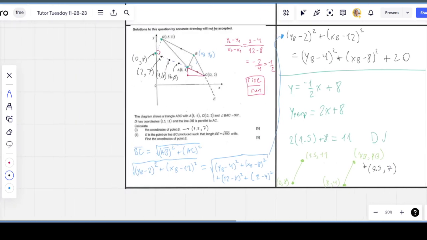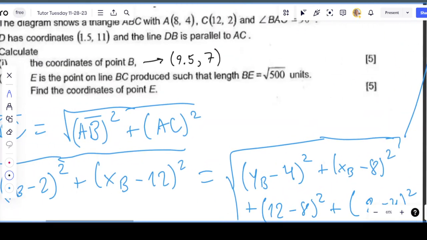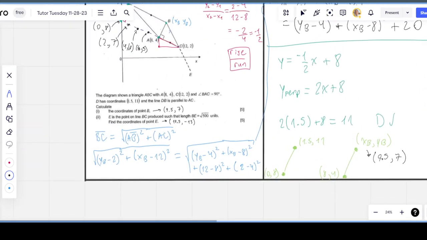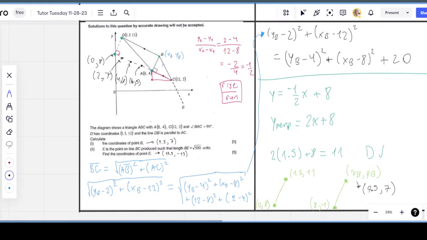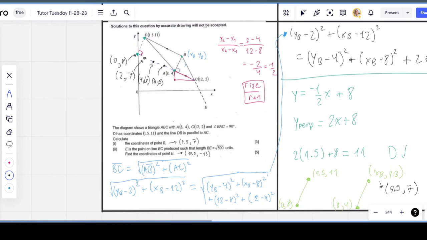Let's go back to this question now, and let's say, well, the coordinate of point E should be equal to 19.5 comma negative 13, assuming that all that looks good. Now that's definitely going to have to be our last one.